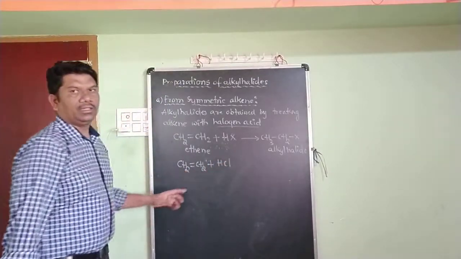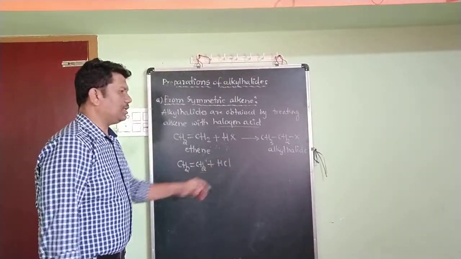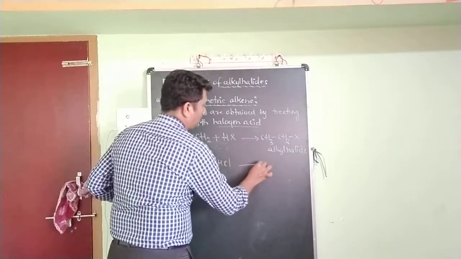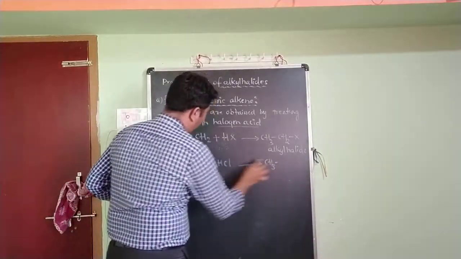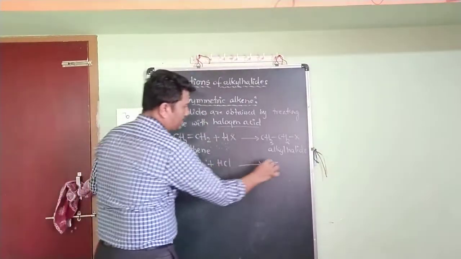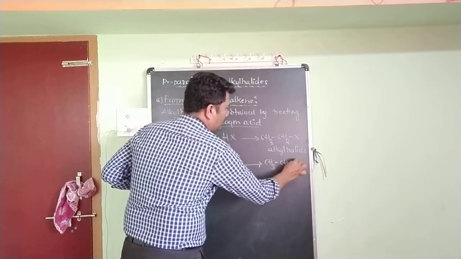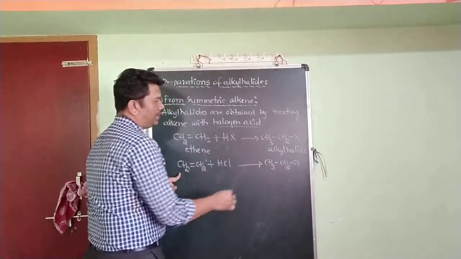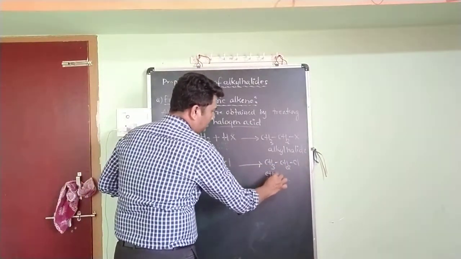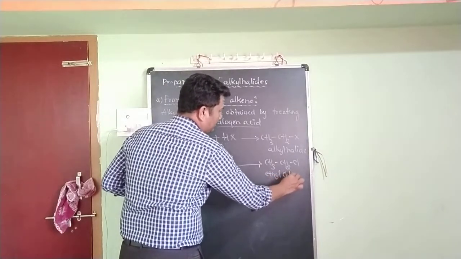This is ethene and this is hydrogen chloride, to form CH3-CH2Cl. This is called an alkyl halide, and the name of the alkyl halide is ethyl chloride.